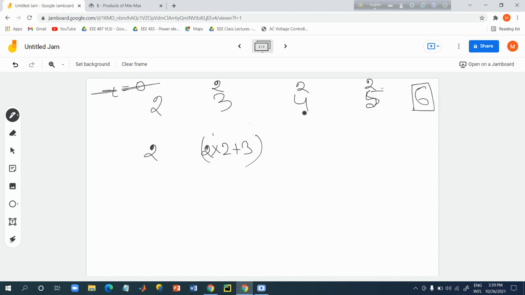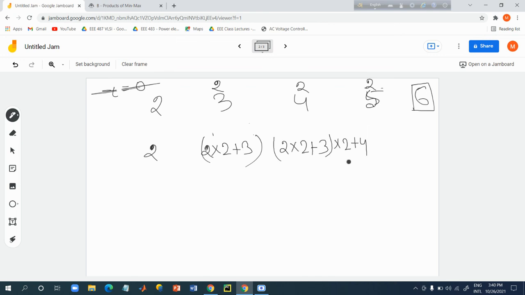Then we will move to the next element. Before moving to the next element, this is your previous option. You will multiply this previous option again by 2, and you will add this 4. And this thing will be multiplied by 5, and you will add this.